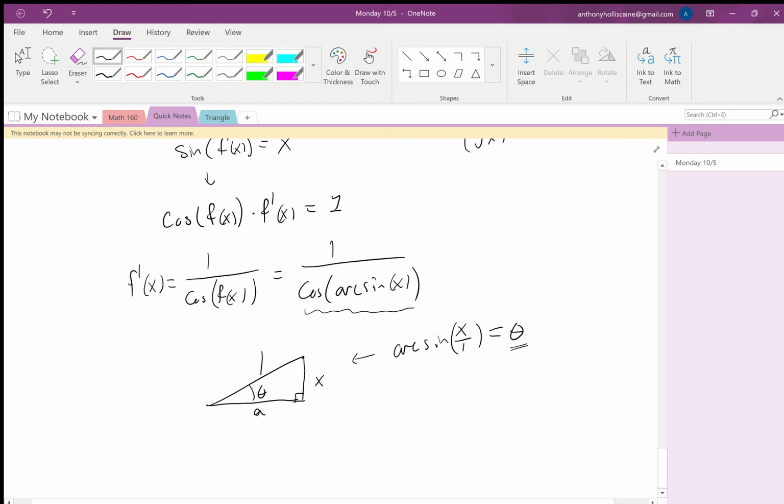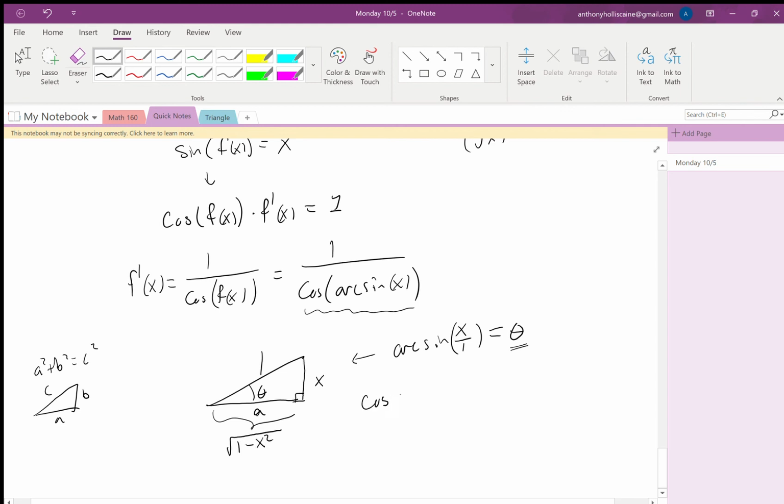Cosine is adjacent over hypotenuse. So we should figure out what this edge is. And so we have the Pythagorean theorem, which is a squared plus b squared equals c squared, where we have a right triangle. And that's what we use. So it turns out this is the square root of 1 minus x squared.